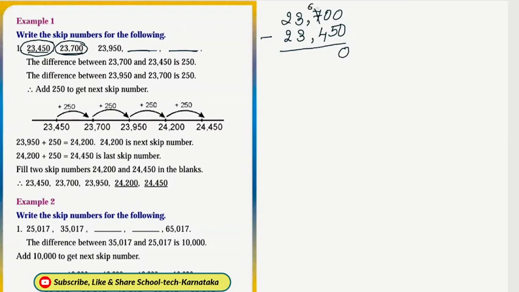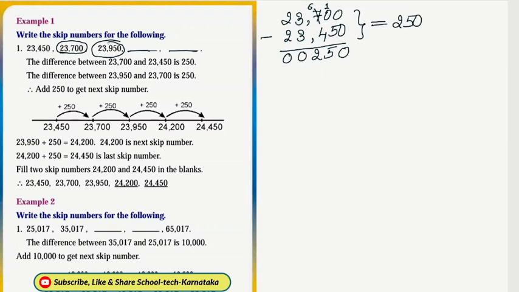This is 6 and that 1 I carry here. So 10 minus 5, we have 5. And 6 minus 4 is 2. 3 minus 3 is 0 and 2 minus 2 is also 0. So the difference between these two numbers is 250.